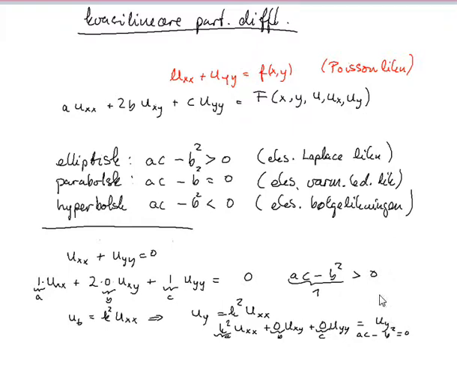So f is in this case just equal to u_y. We note that k squared must be a, so k squared is a positive number, and c is 0, and b is 0, so ac minus b square must be equal to 0. And this shows that we have a parabolic equation.